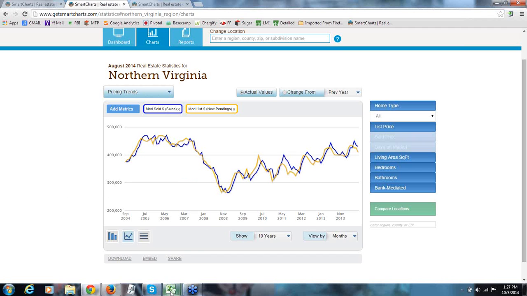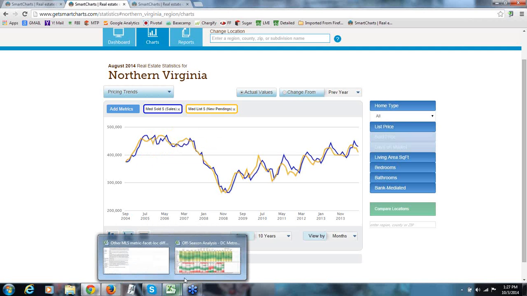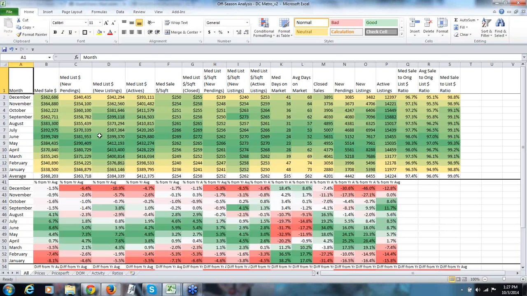I say that because I took all these different charts, and I'm not saying this is what you do, but this is all based off of interactive charts. This looks pretty nasty, but just to quickly talk through it, this is the 10-year average for these calendar months. So the 10-year average median sale price, the 10-year average median list price for new pendings.